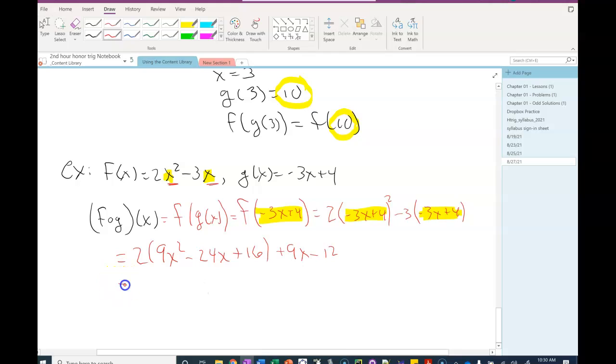And then I need to distribute the 2 through also. So that's 18x squared minus 48x plus 32 plus 9x minus 12. And then we'll combine some like terms and end up with 18x squared minus 39x plus 20.